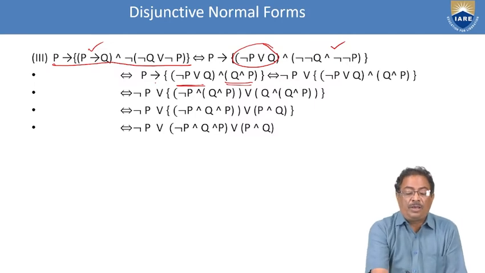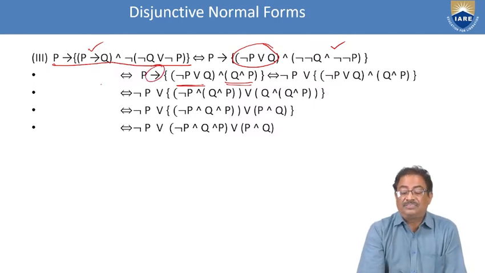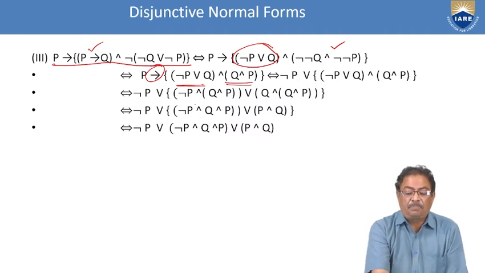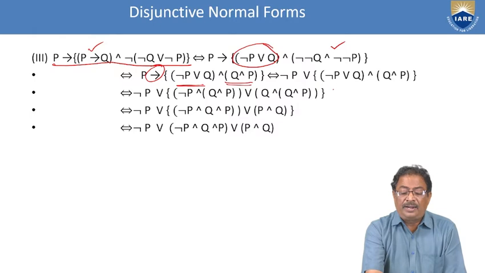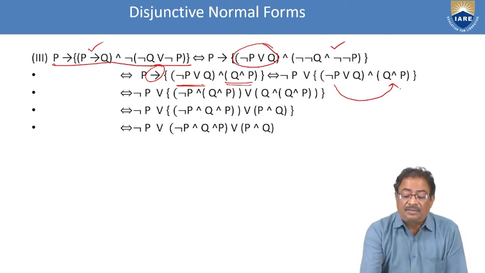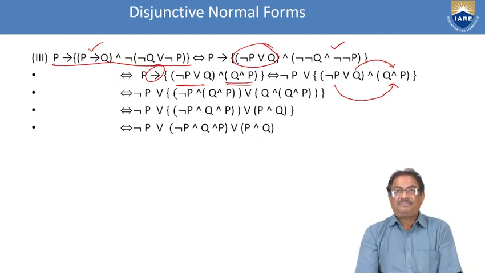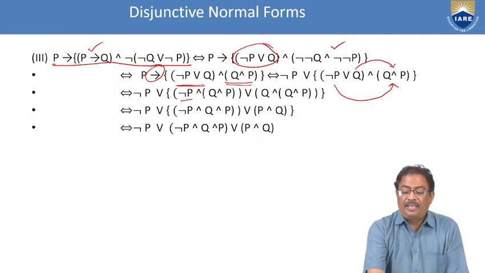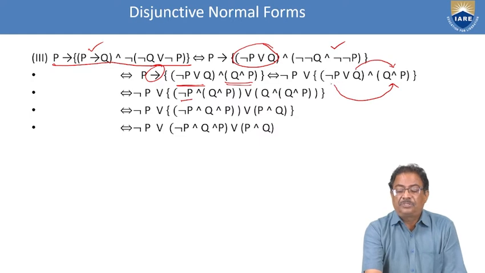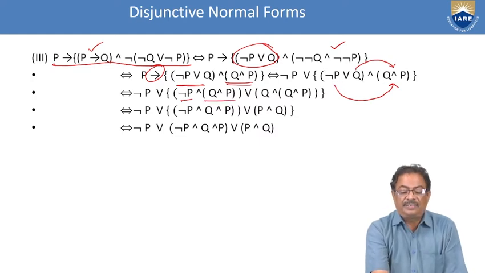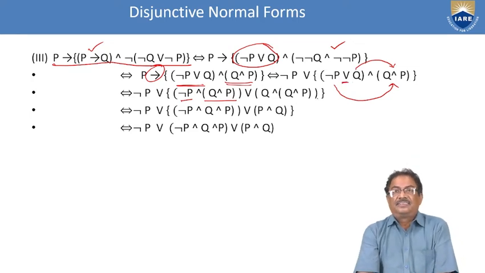Now I am going to concentrate on this conditional. Remove this: negation P or R, the whole thing. So negation P will be the same, and now apply this. Negation P and this, next R, Q and this. Applying the distributive property, we get this.